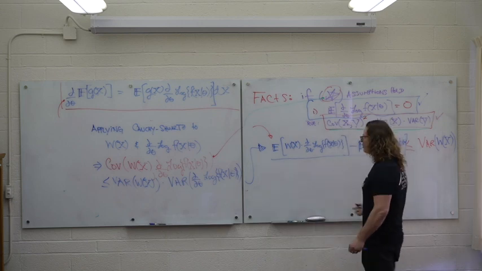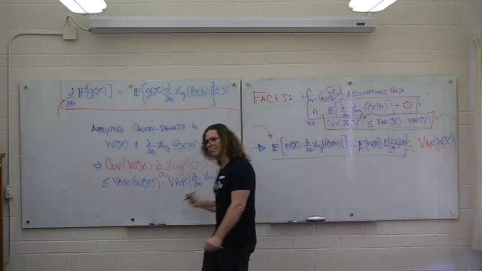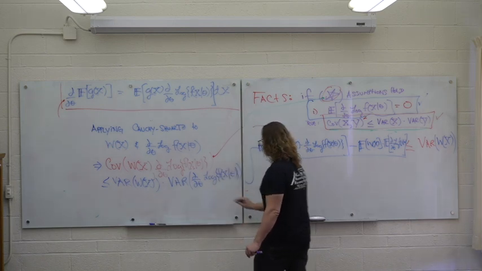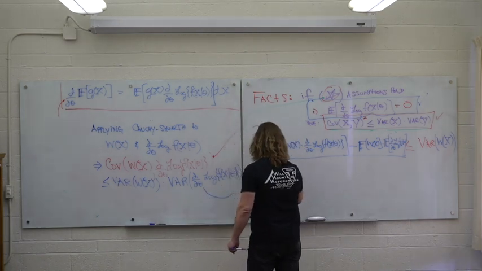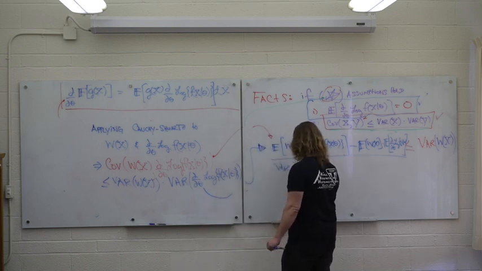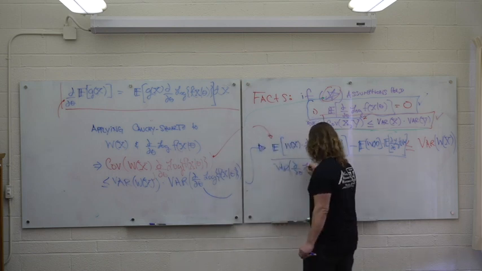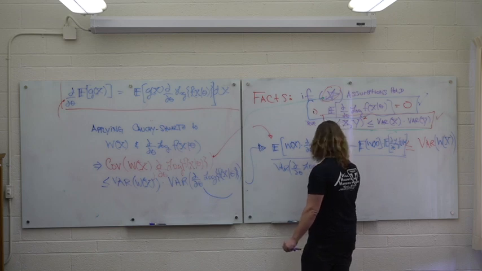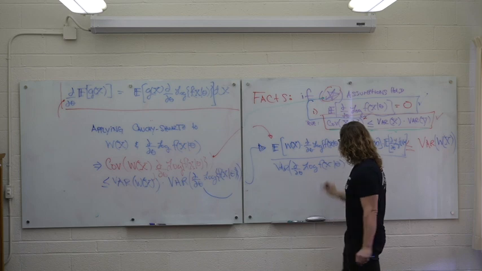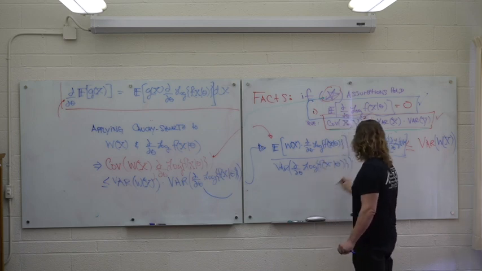What I'm going to do right here is I'm going to divide by this term right over here. So this is the variance of d theta log f(x given theta). Okay.